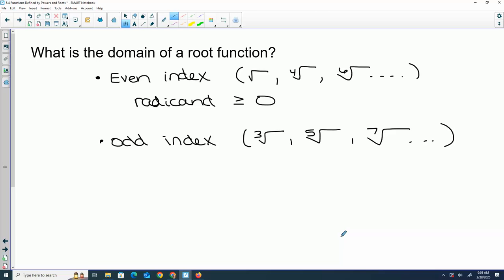Okay, it went forever in both directions, right? The cube root of 8 is 2. The cube root of negative 8 is negative 2. So if it's an odd index, your domain is negative infinity to positive infinity. So if it's an odd index, you can put anything underneath. But if it's an even, then the thing underneath has to be positive.